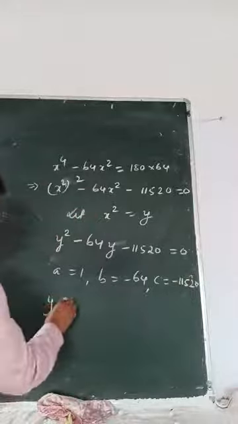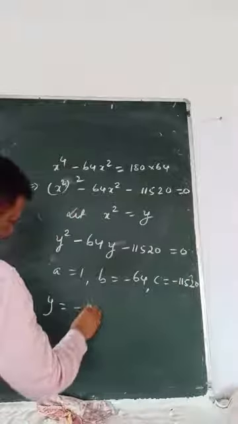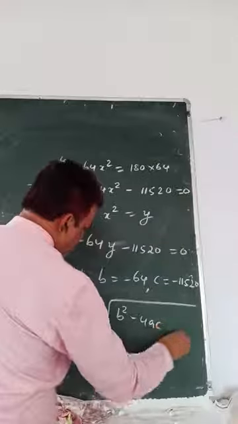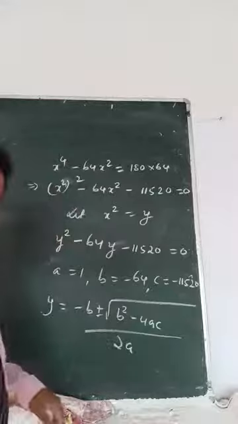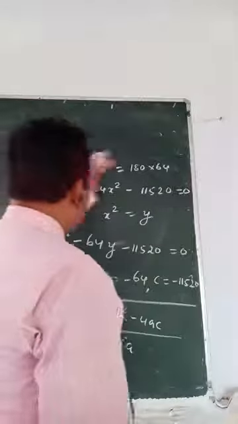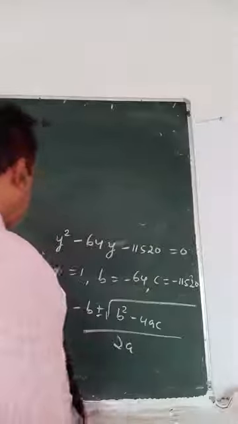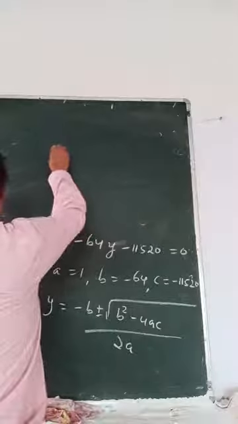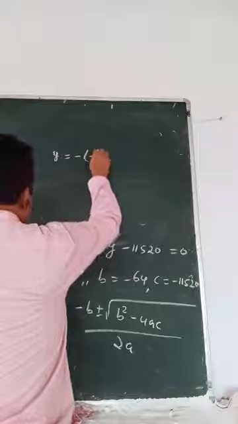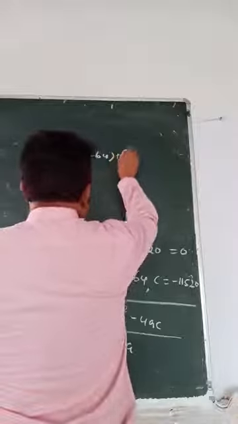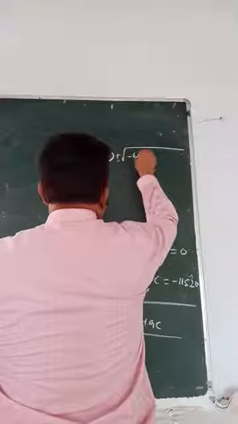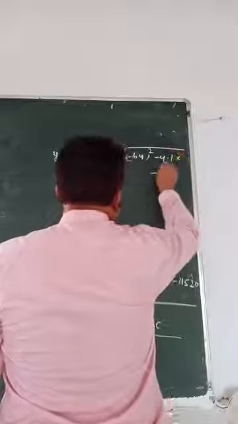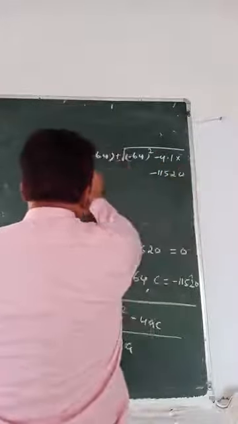So y equals, here not x, y equals minus b plus minus root of b square minus 4ac by 2a. So y equals minus (minus 64) plus minus root of 64 square minus 4 into 1 into minus 11520, divided by 2 into 1.